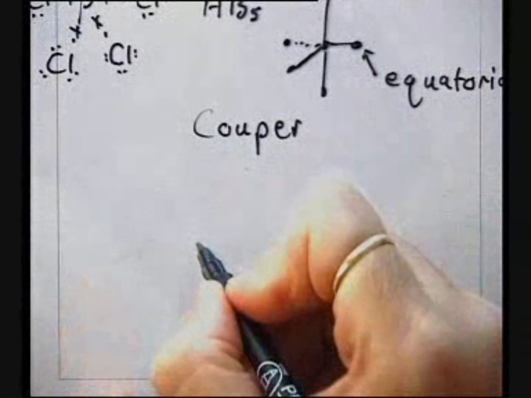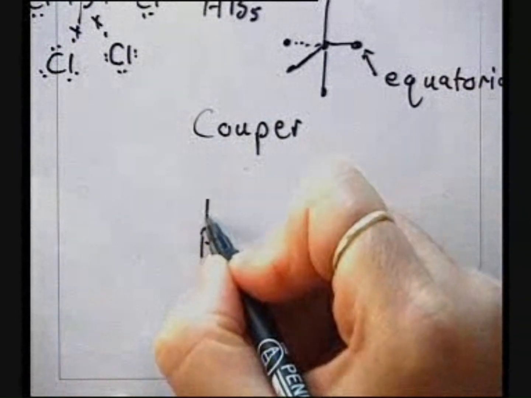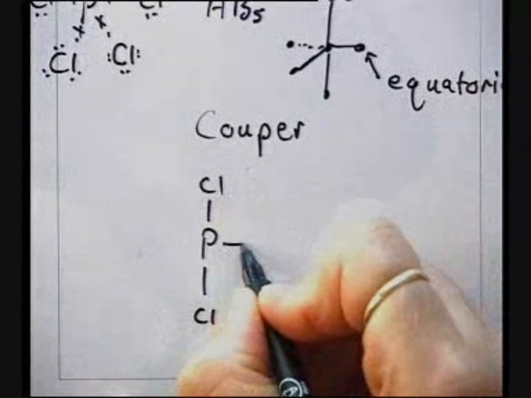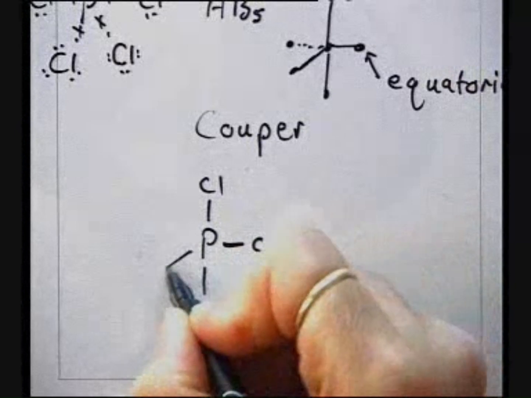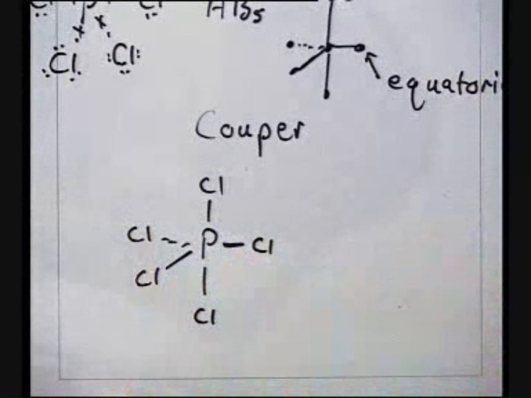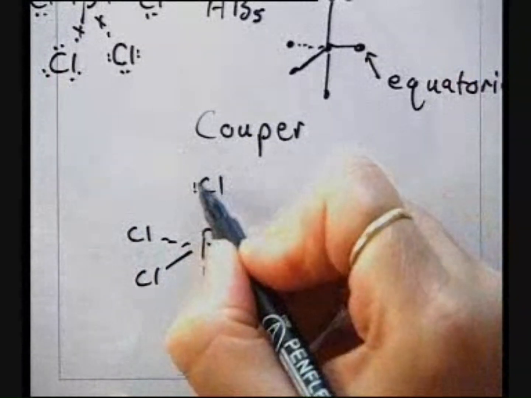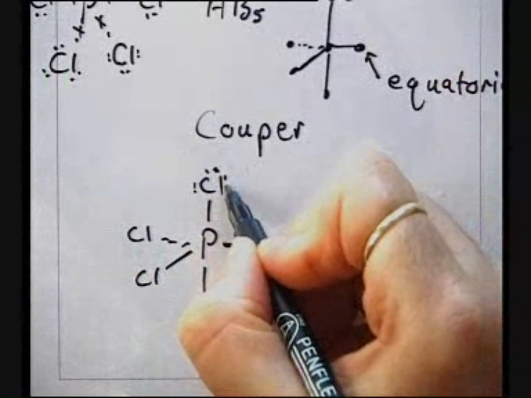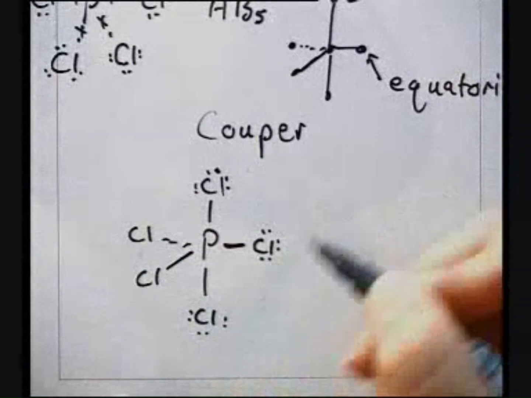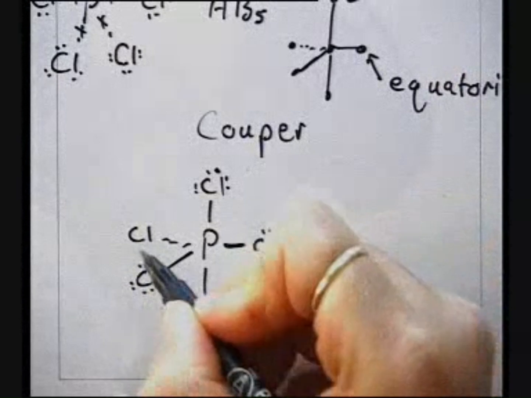We have a central atom phosphorus. In the axial positions, we have 2 chlorine atoms. In the equatorial position, we have 3 chlorine atoms. We can introduce the lone electrons on the terminal atoms. These lone electrons will not influence the molecular geometry.